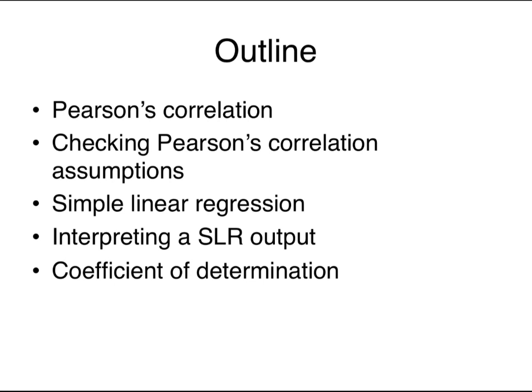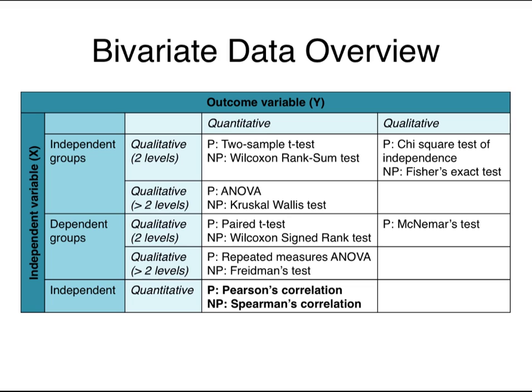of determination. For the remainder of the course, we're going to be focusing primarily on the situation when both our explanatory variable and our outcome variable are quantitative or numeric. If we want to examine the linear association between two quantitative variables, we can use either Pearson's correlation, which is the parametric test, or if our assumptions for Pearson's aren't met, we can use Spearman's correlation, which is the non-parametric alternative to Pearson's.